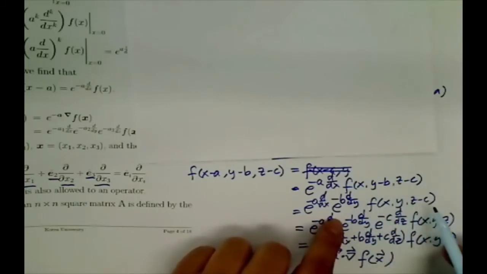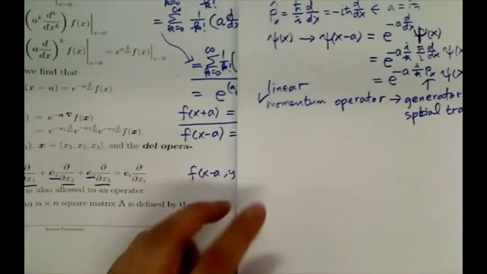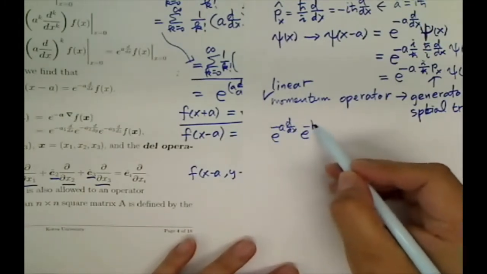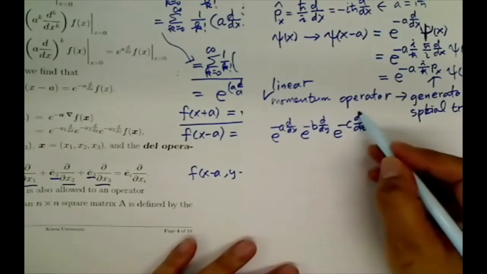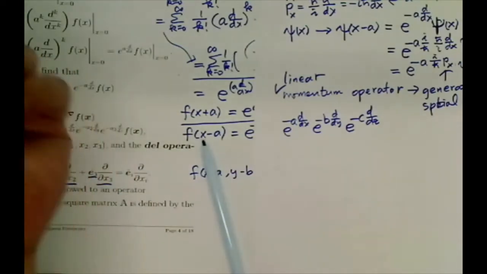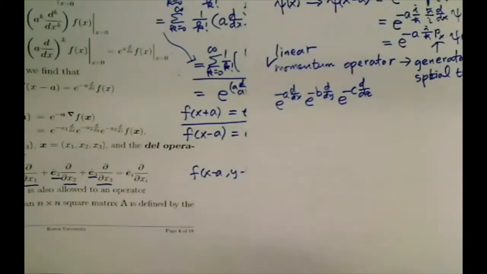And then z minus c can be obtained by shifting z by minus c. All right? We have f of x, y, z. Then we have the operator. We remember that if I want to do this calculation, it's better to make use of the partial derivative instead of the total derivative, because f is a function of multiple variables x, y, and z.